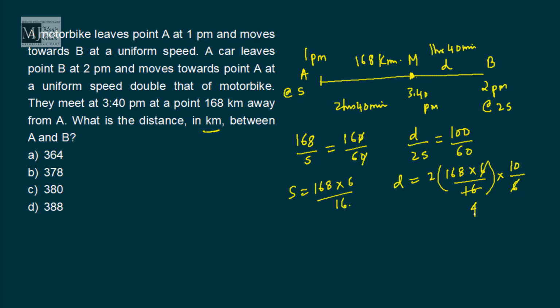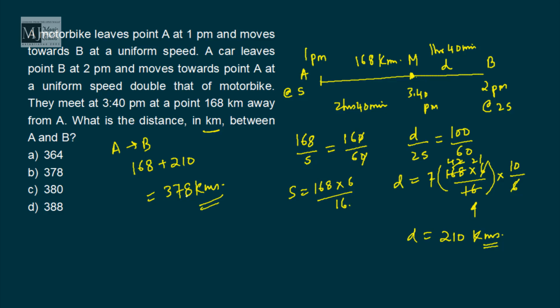This is 4 and 42, 2 21. So D is 210 kilometers. Now distance between A and B is 168 plus 210, that is 378 kilometers. Option B fits in.